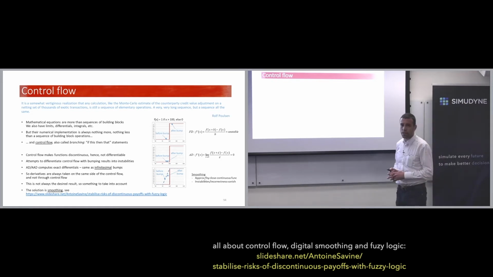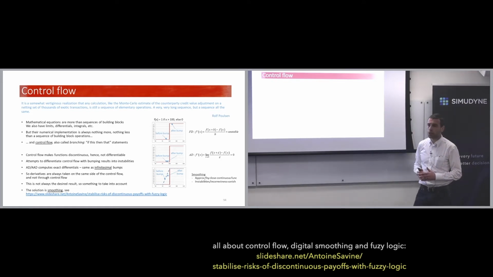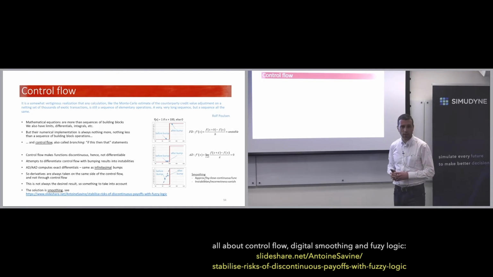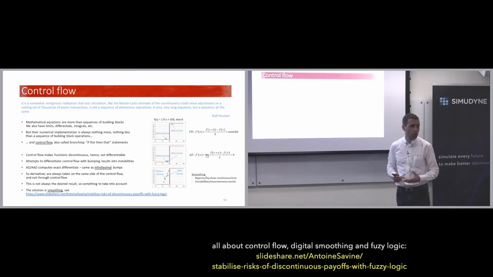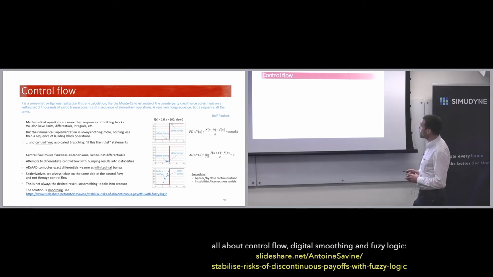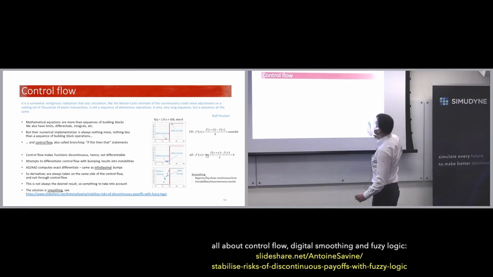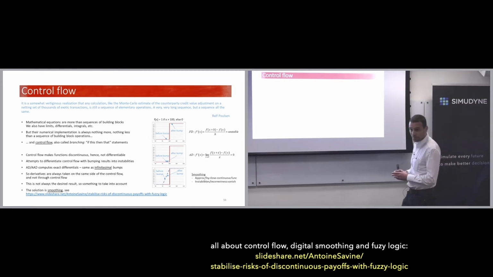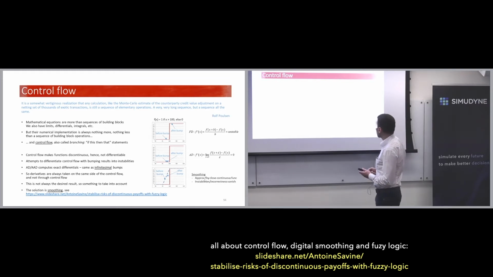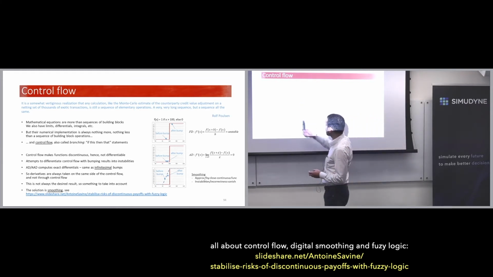Yeah? So this being said, these are mathematical equations, and when you do maths, you deal with more than sequences of building blocks, because in maths you also have limits, differentials, integrals, these kinds of things. But once it becomes numerical, once you put it on a computer, there's no more limit, no more theoretical differential, no more theoretical integral, just a sequence of operations.